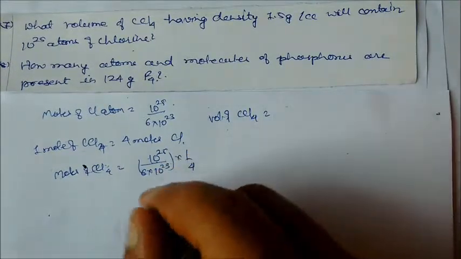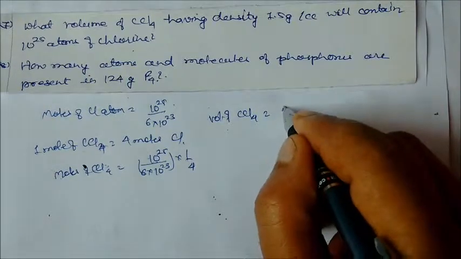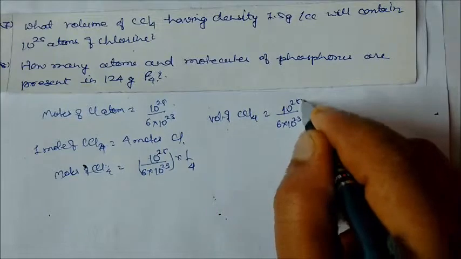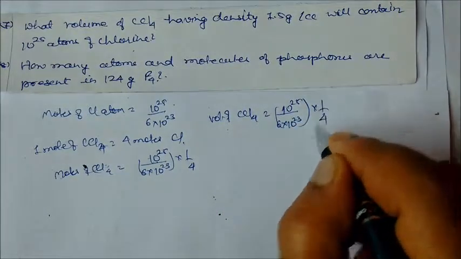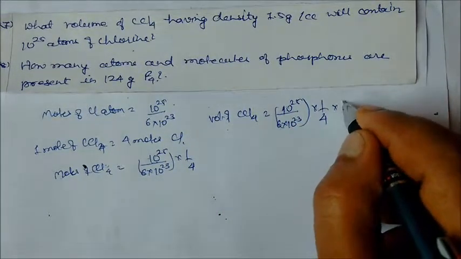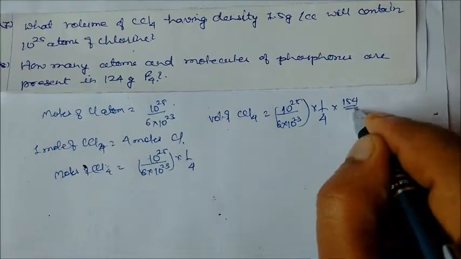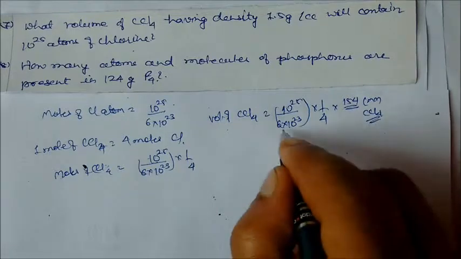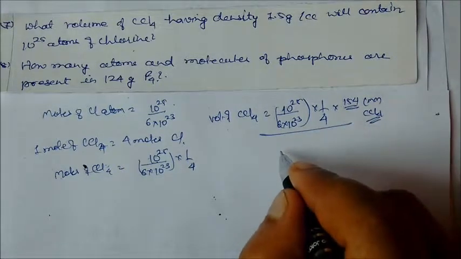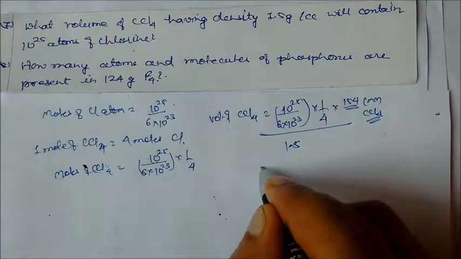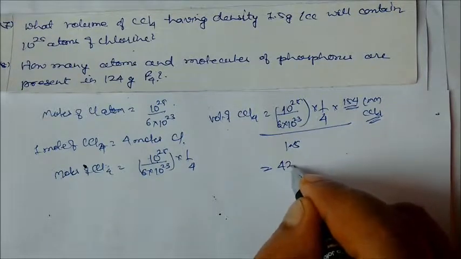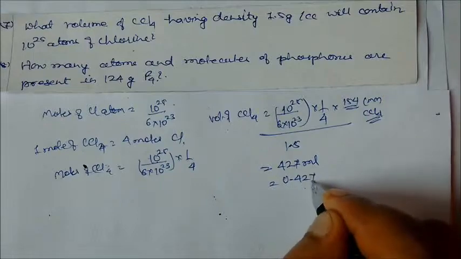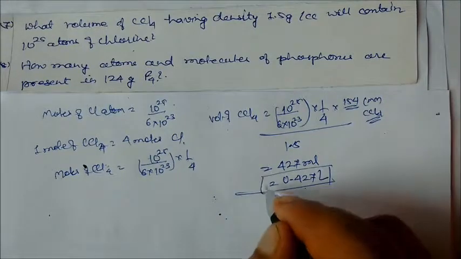So again this is given here, moles, 10 to the power 25 divided by 6 into 10 to the power 23 into 1 by 4. Okay, this is the moles, and you multiply it by 154. So what is 154? It is the molar mass of CCl4. Okay, this is the mass. And what is the density? Density is given as 1.5 gram per cc. So on solving we will get 427 ml, or we can say 0.427 liter. So this is basically our answer.